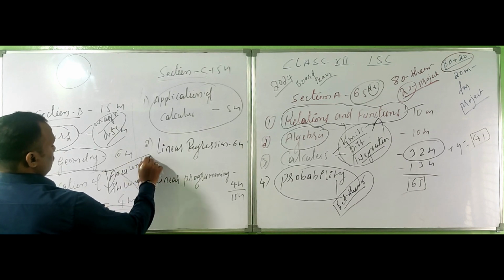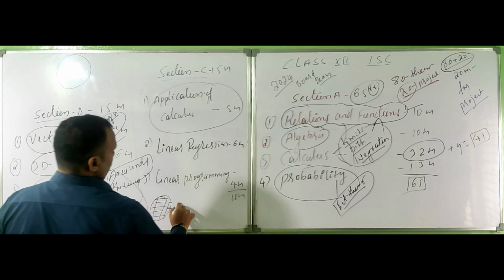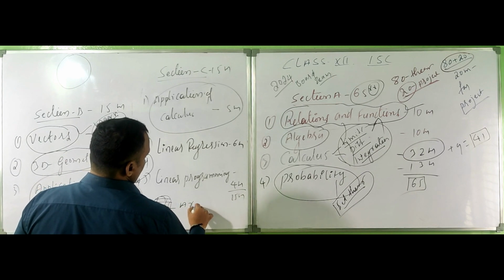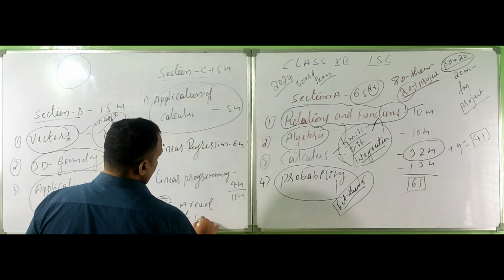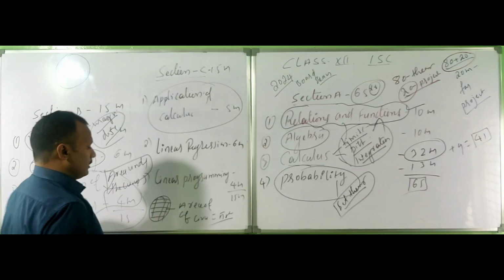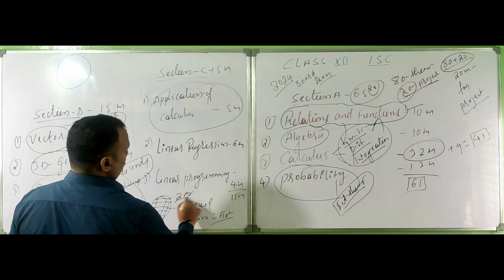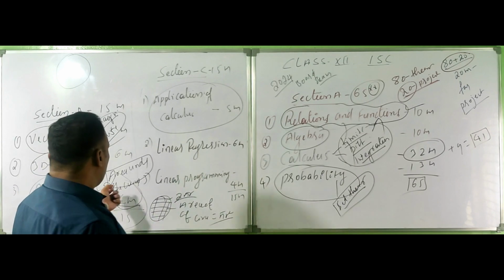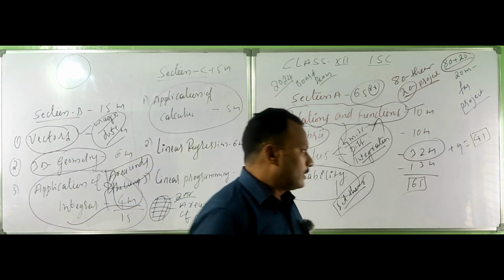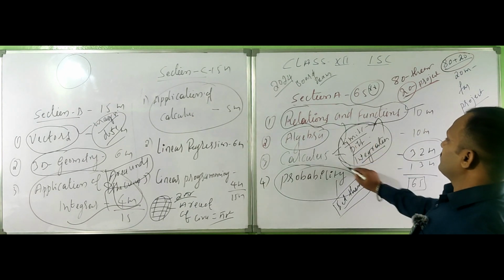Here you will learn why the area of the circle is pi r square, where r is the radius. Again, the circumference of the circle is 2 pi r, which we can also get by the application of integrals. That's the beauty of calculus: limits, differentiation, integration.